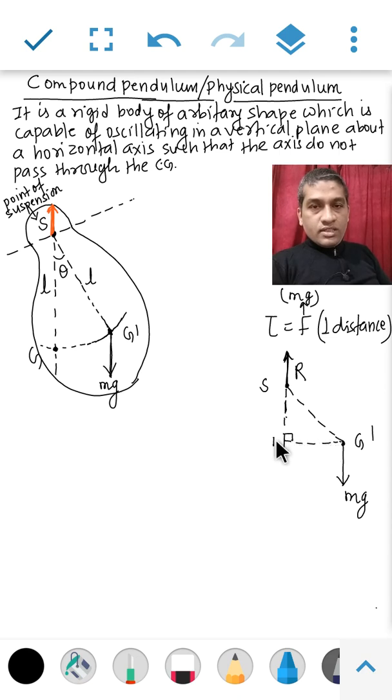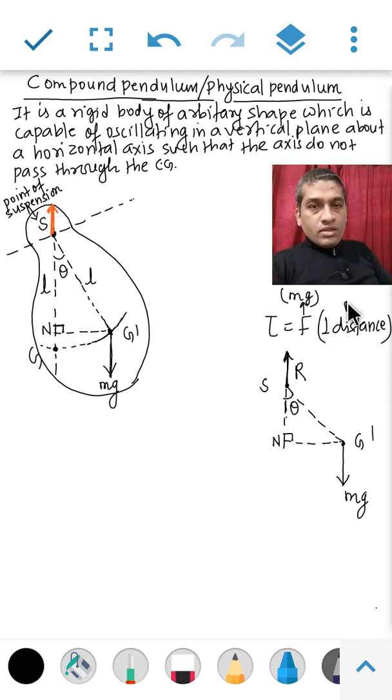So this is N, and we can see from the figure this angle is theta. And this is 90 degrees, so I'm denoting it by the symbol. So we need to find the perpendicular distance.